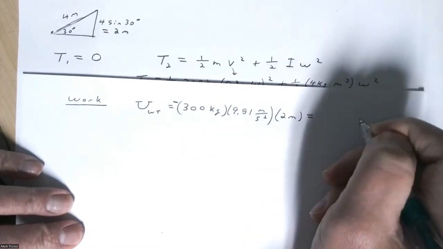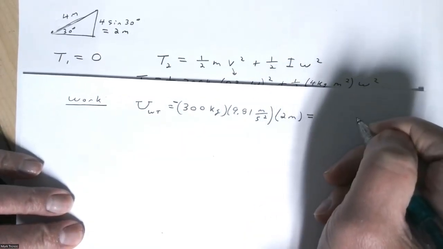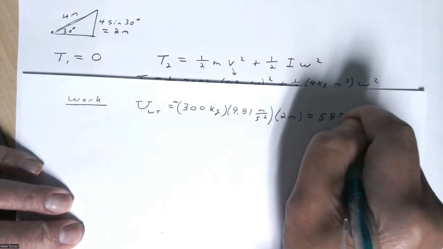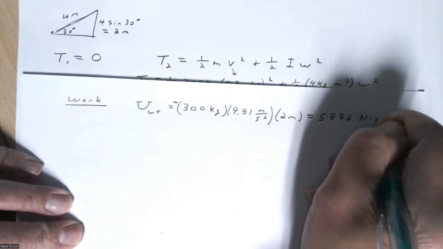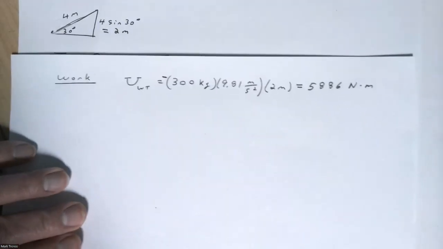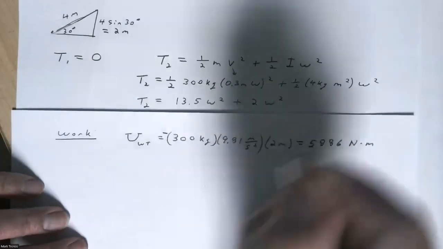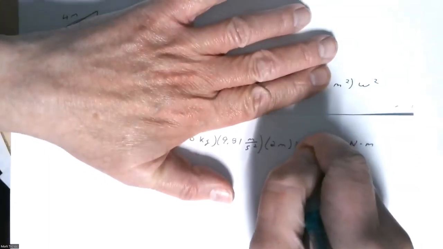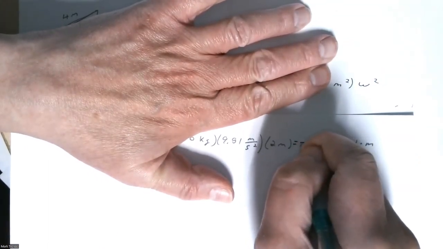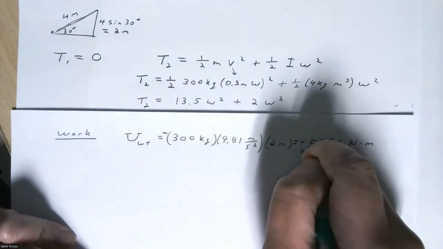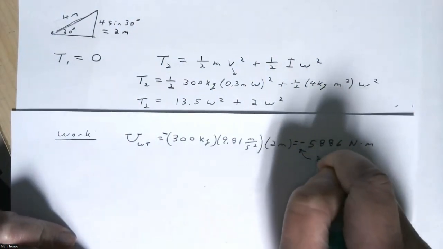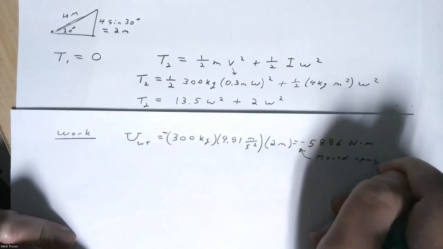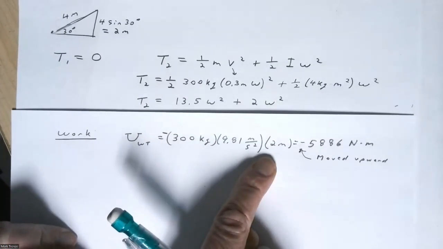And then when you put all this in your calculator, you get 5886 Newton meters. And again, that should have a negative in front of it. Remember, when doing work energy, it's negative because it moves upward. It moved upward 2 meters.